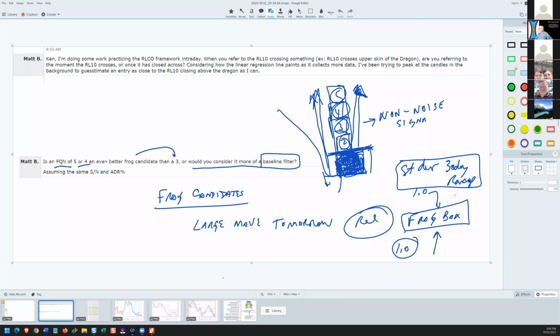In Frog 2.0, and in sniper trading in general, what we have learned over the years is that we don't have to wait for 100% certainty that this was a signal and not noise. What we've learned is that you can actually tolerate a move of about 0.3 or 0.4 of a frog box off the bottom, and then you can get an entry sooner.